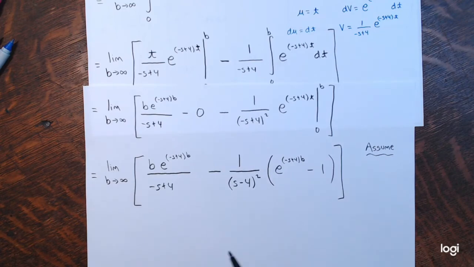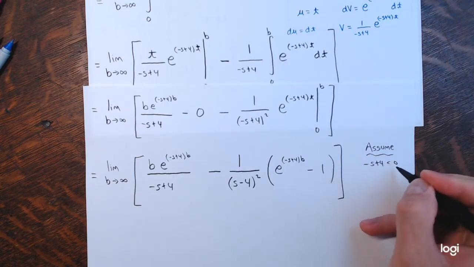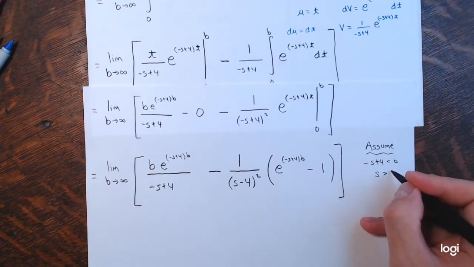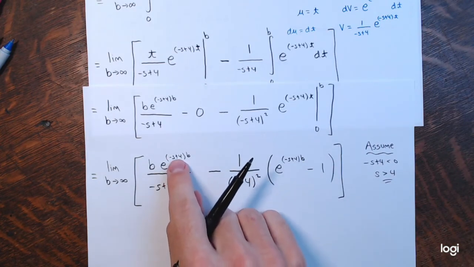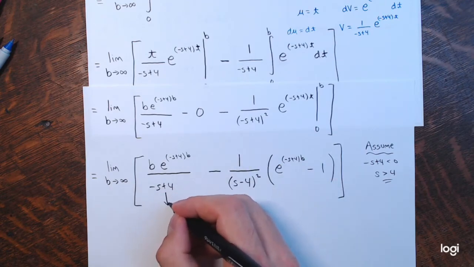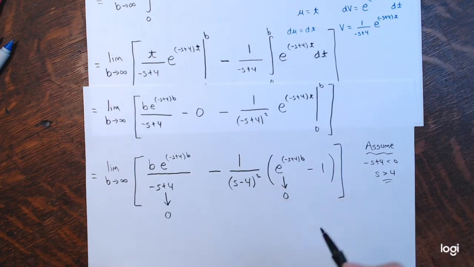The limit wouldn't exist. So we need negative s plus 4 to be less than 0. In other words, we need to assume here that s is greater than 4. If s were greater than 4, then you'd have e to some big negative power, and this term would be going to 0. This would be going to 0.